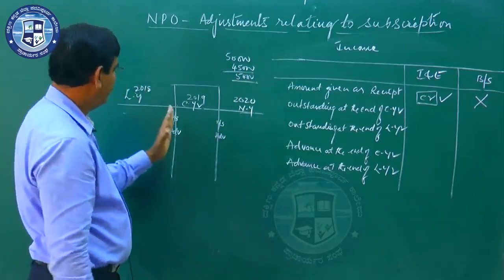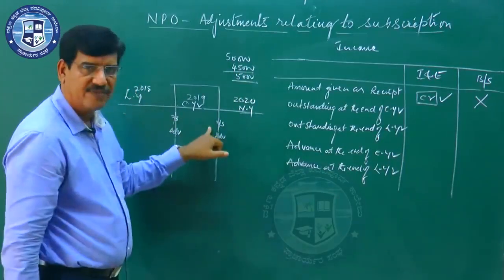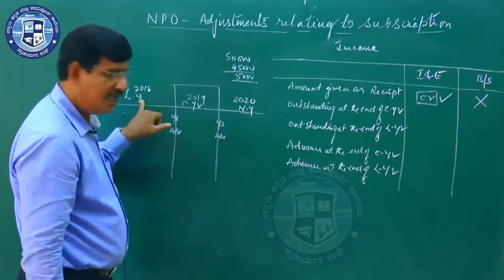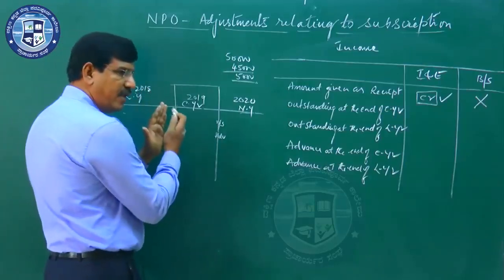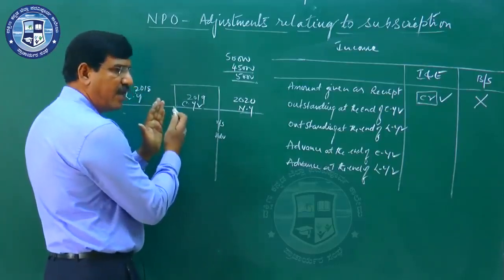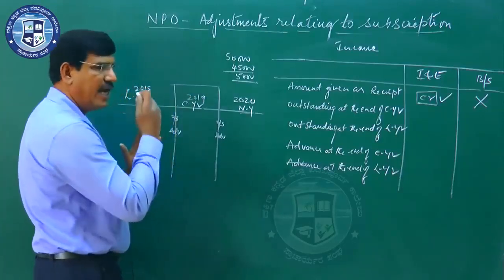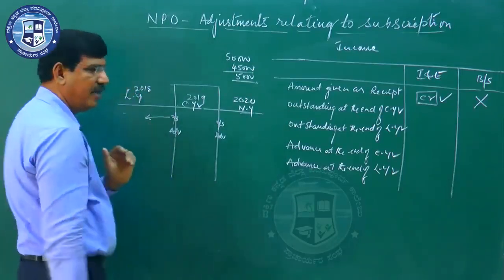It is unpaid in the year 2018. So, the outstanding at the end of the year, while calculating or analyzing the amount, it relates to the previous year.